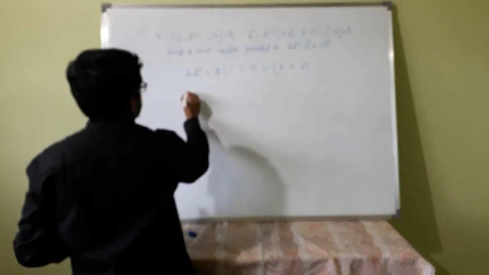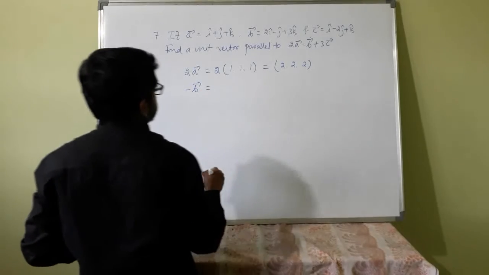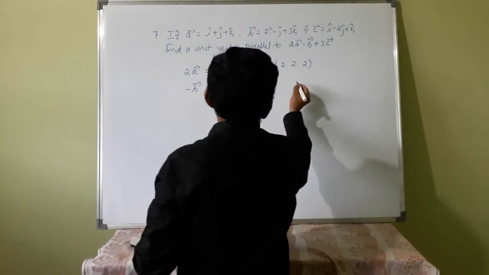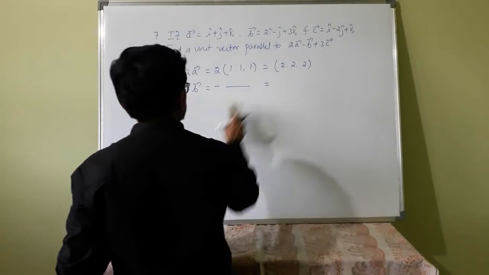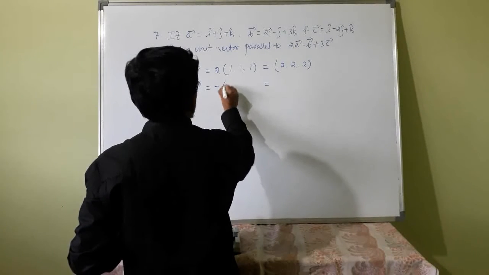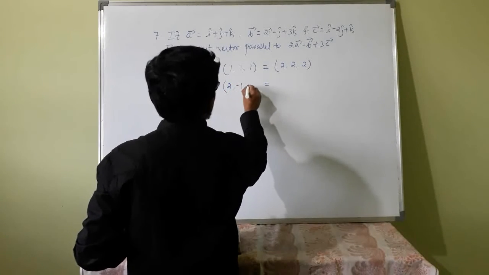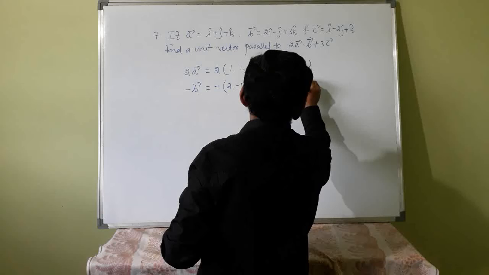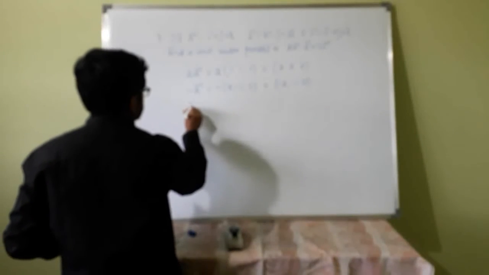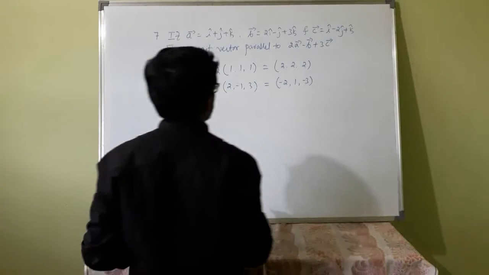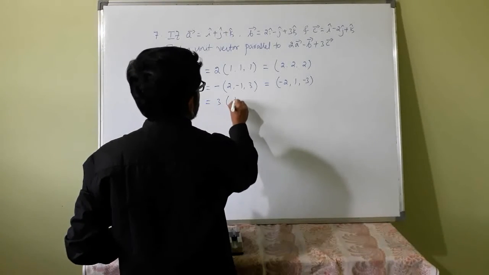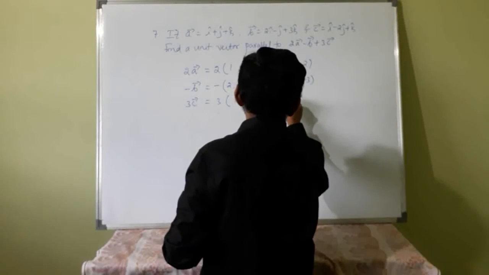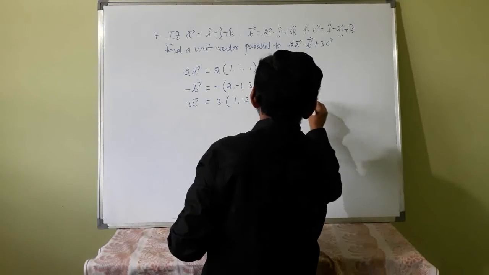Then minus b is minus of (2, minus 1, 3), that is minus 2, plus 1, minus 3. 3c is 3 times (1, minus 2, 1), that is 3, minus 6 and 3.